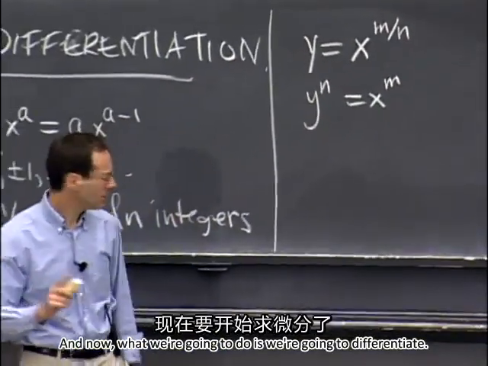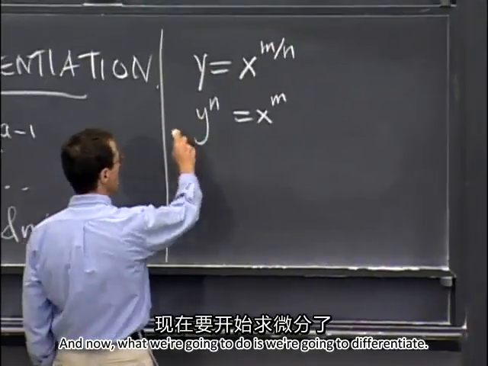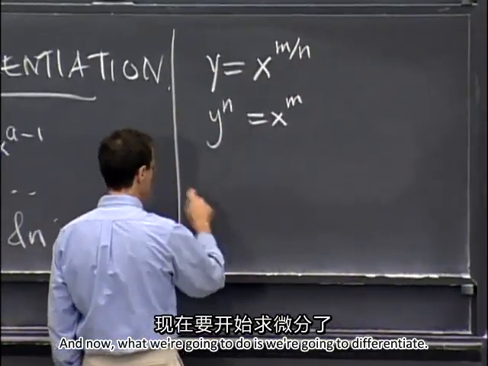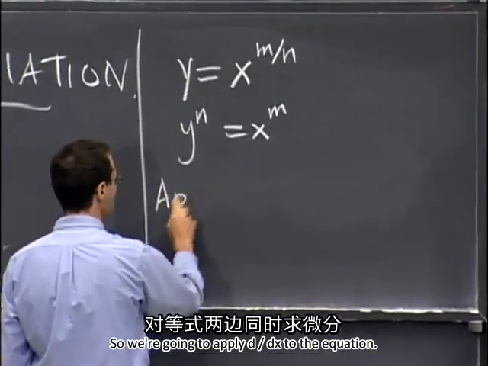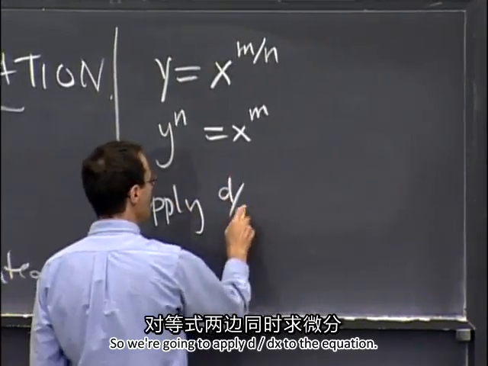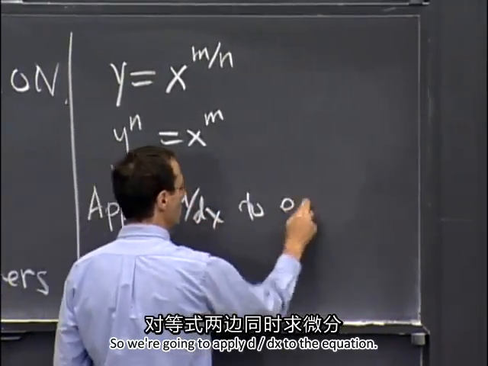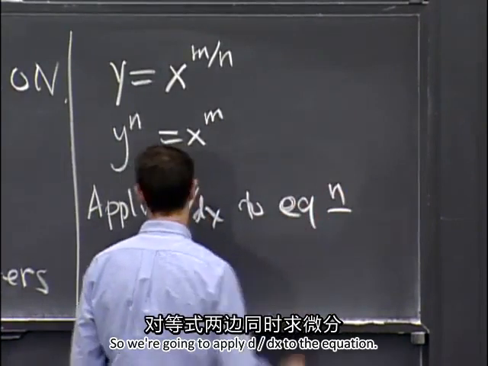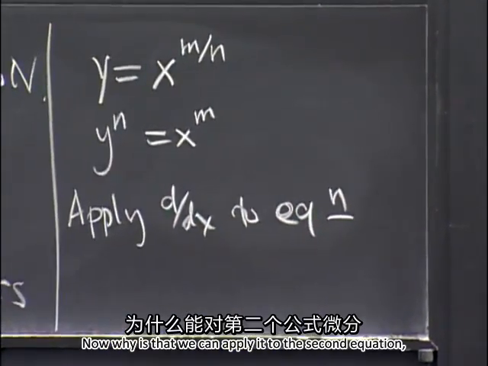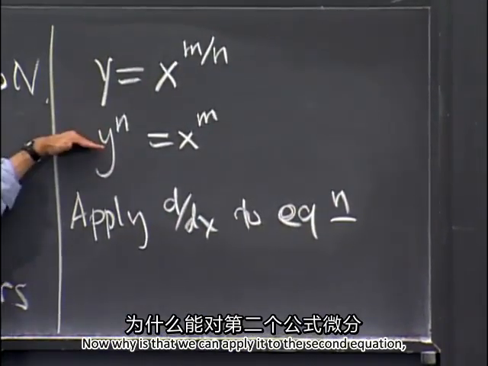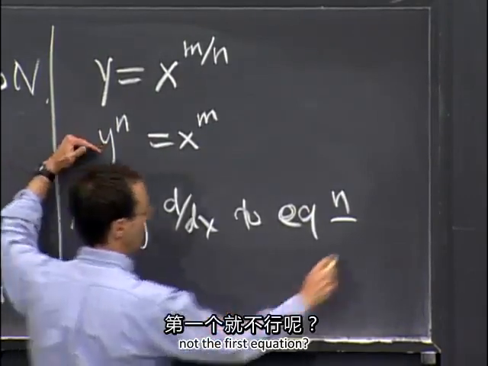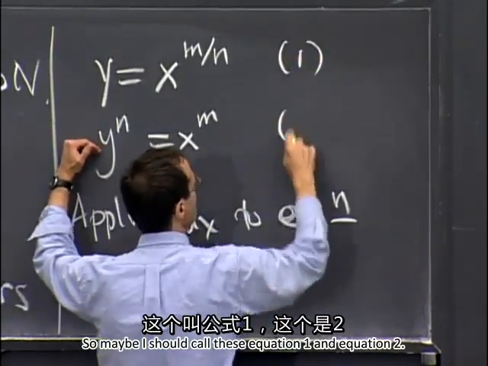And now what we're going to do is differentiate. So we're going to apply d by dx to the equation. Now, why is it that we can apply it to the second equation, not the first equation? Maybe I should call these equation 1 and equation 2.